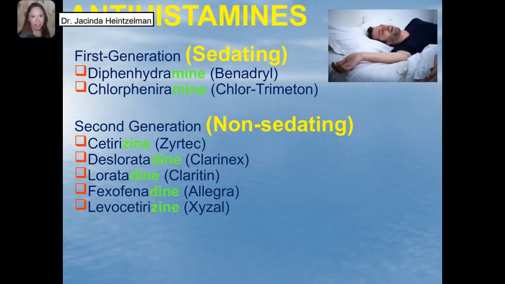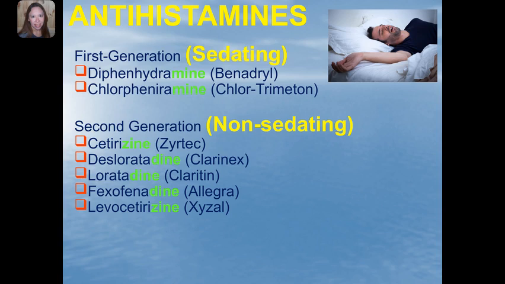Let's talk about the different examples of the antihistamines that are available for our patients for allergic rhinitis. I'm sure you have heard of one of the first generation antihistamines, the diphenhydramine. This is Benadryl, pretty common over-the-counter product. We've talked about it in past classes, so you're probably more familiar with that medication.